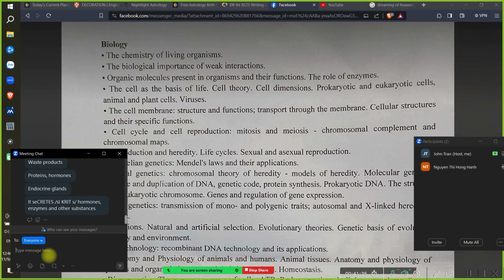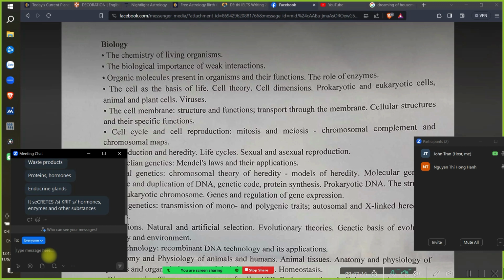And we also have the cytoskeleton. The function of the cytoskeleton is to maintain the shape of the cell, and at the same time it provides structural support. The cytoskeleton consists of a network of three fibers: microtubules, microfilaments, and intermediate filaments.